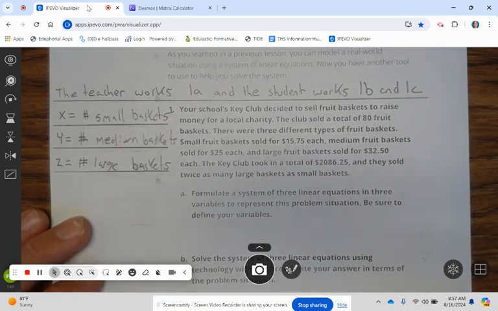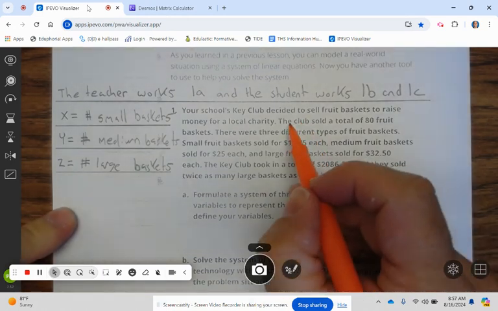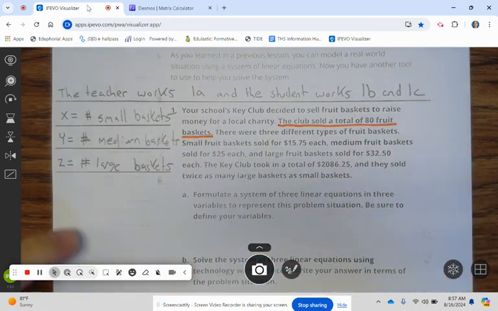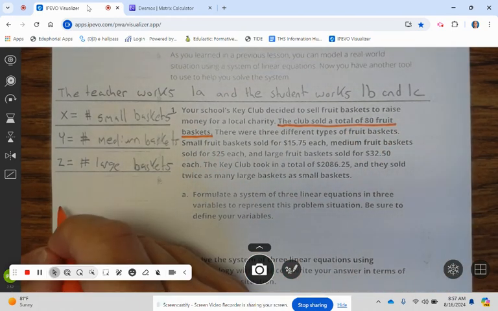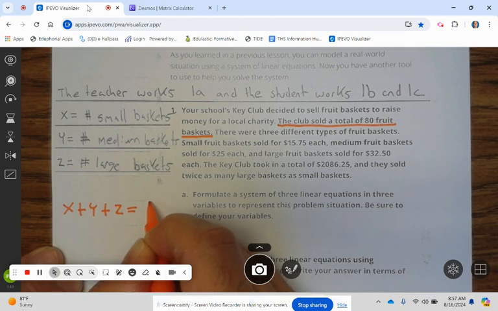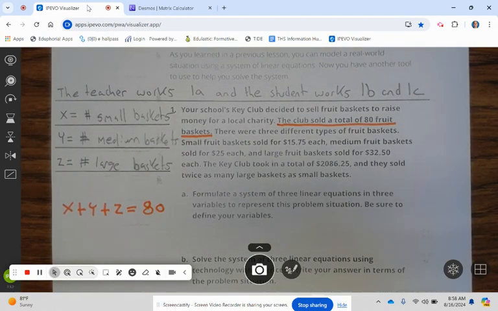Now, our first equation, let's do total, okay? So our first equation is X plus Y plus Z equals 80. Now, the second equation is all about money, okay?